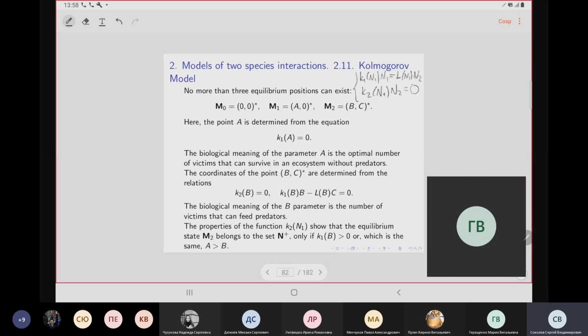Solving the second equation gives us n2 is 0, and since we know the shape of the function k2, we get 2 equilibriums. When n2 is 0, the right-hand side of the first equation is 0, and we have 2 options. The first option is n1 is 0, it is our point M0, and the second, from the equation k1 of n1 is 0, we denote k1 of a is 0, so the point M1 will be a0.